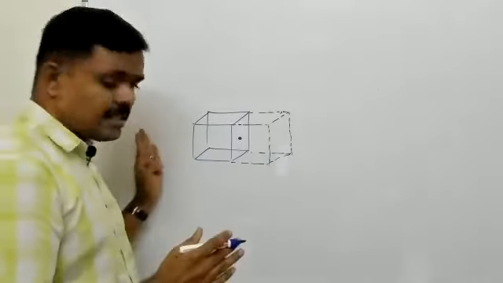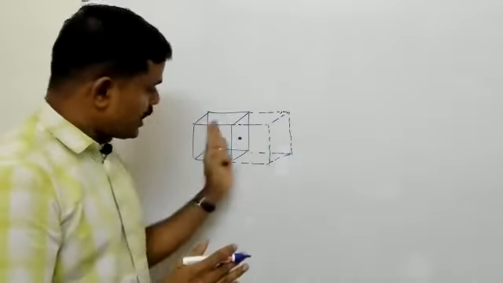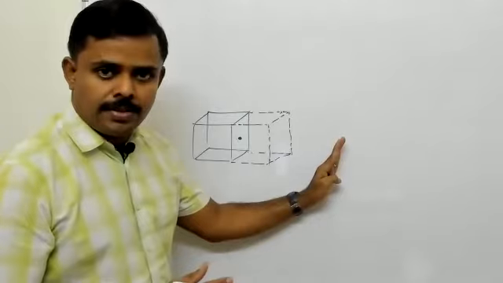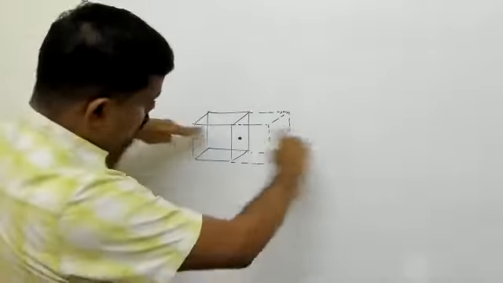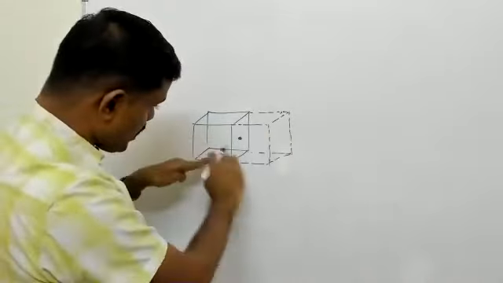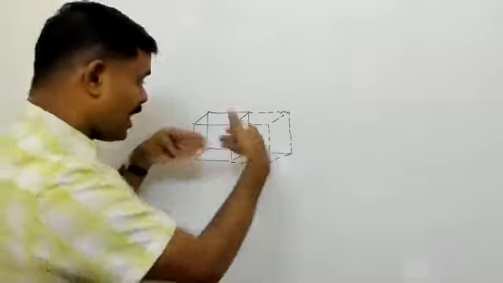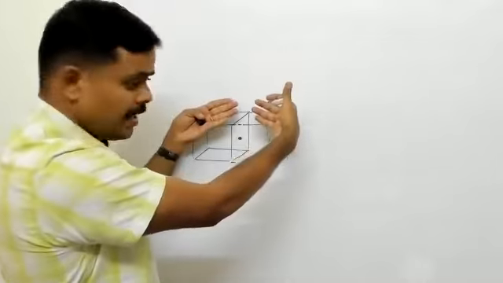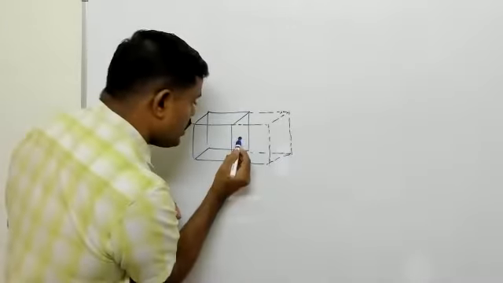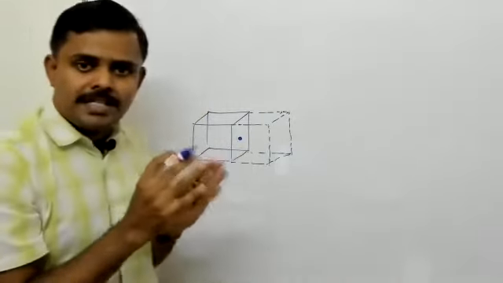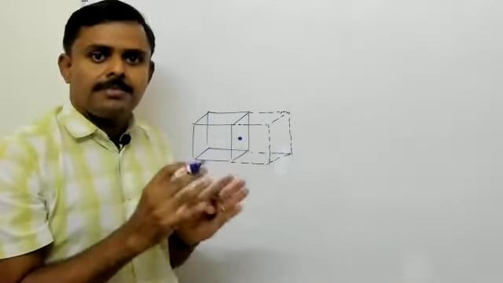To the left of the charge, there is one cube. To the right of the charge, there is one cube. Above the charge, there are two half cubes. Below, behind, and in front of the charge, there are two half cubes. So I should draw a Gaussian surface in such a way that the system is symmetric.